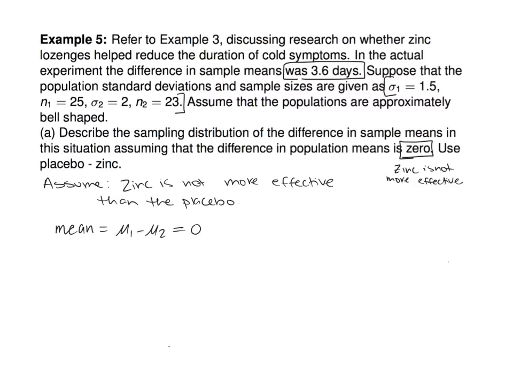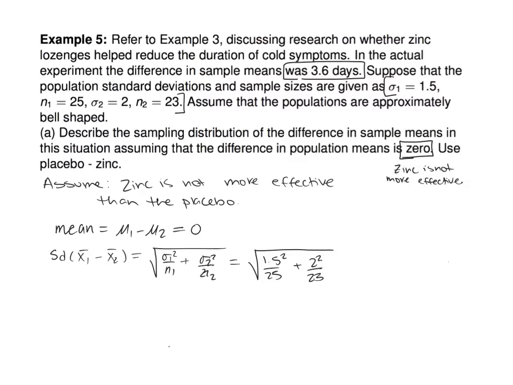Because if zinc is not more effective, the average length of the cold should be the same. And the standard deviation of x1 bar minus x2 bar is the root of sigma 1 squared over n1 plus sigma 2 squared over n2, which is the root of 1.5 squared over 25 plus 2 squared over 23, which works out to be about 0.514 again.